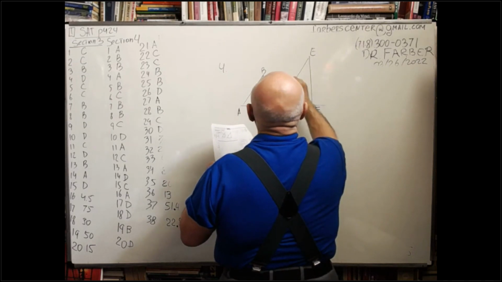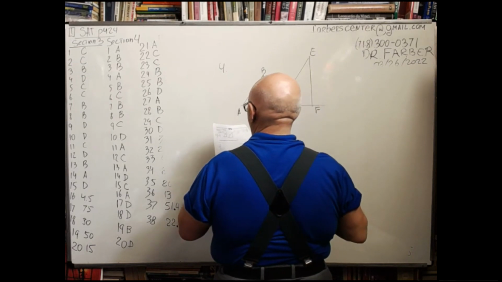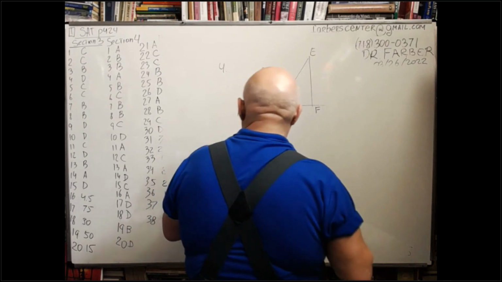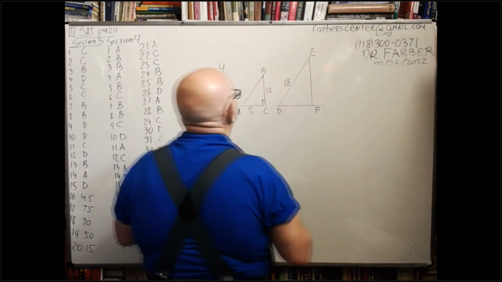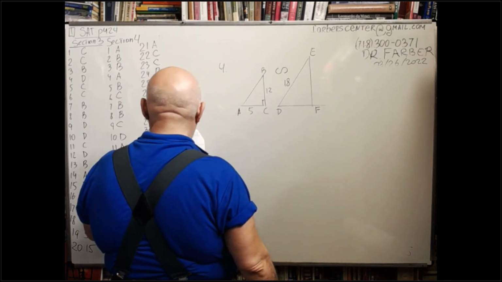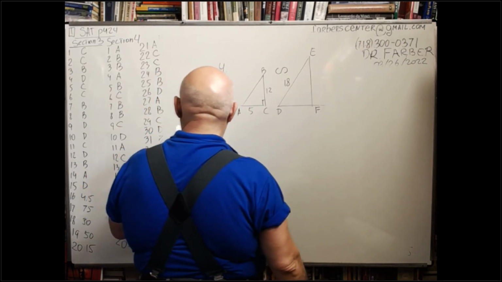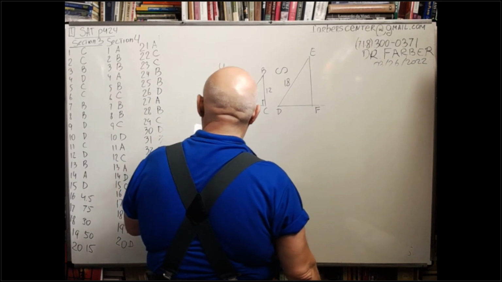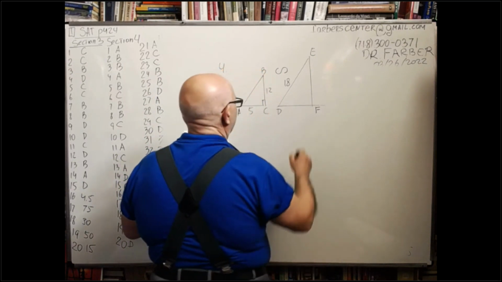And this 18. They are similar, these two triangles. What's the length of DF? DF. This is x.